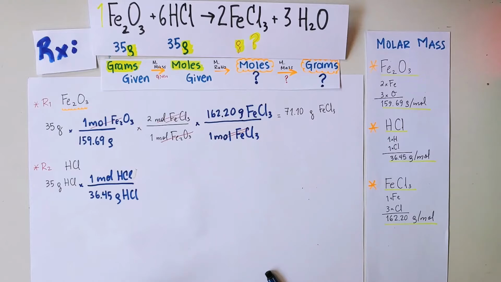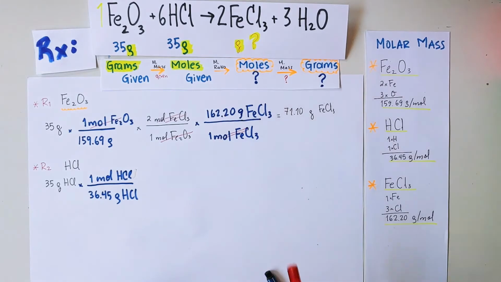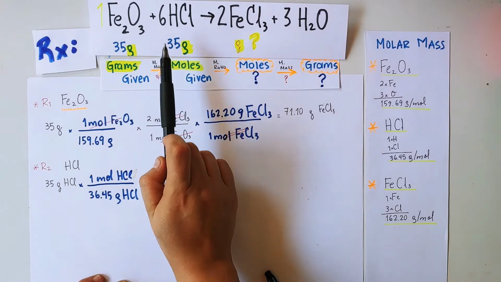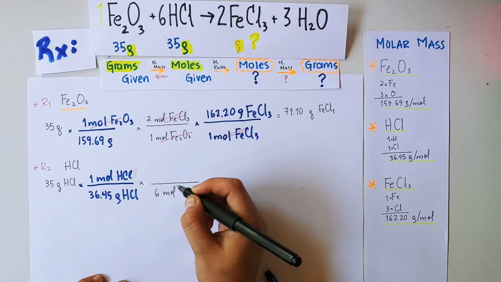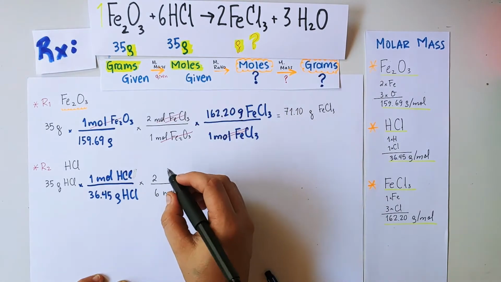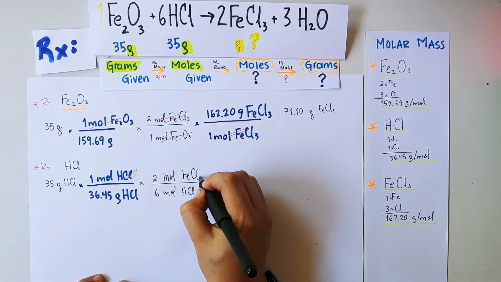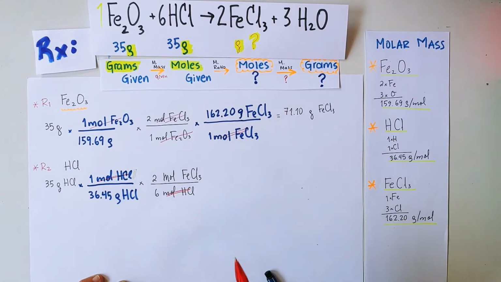Then from moles given to moles unknown, I need to use the mole ratio. The mole ratio between HCl and my unknown is the coefficient 6 for HCl, which I'm going to write here because I want to cancel, and the coefficient 2. This allows me to cancel the moles of HCl with the moles of HCl.